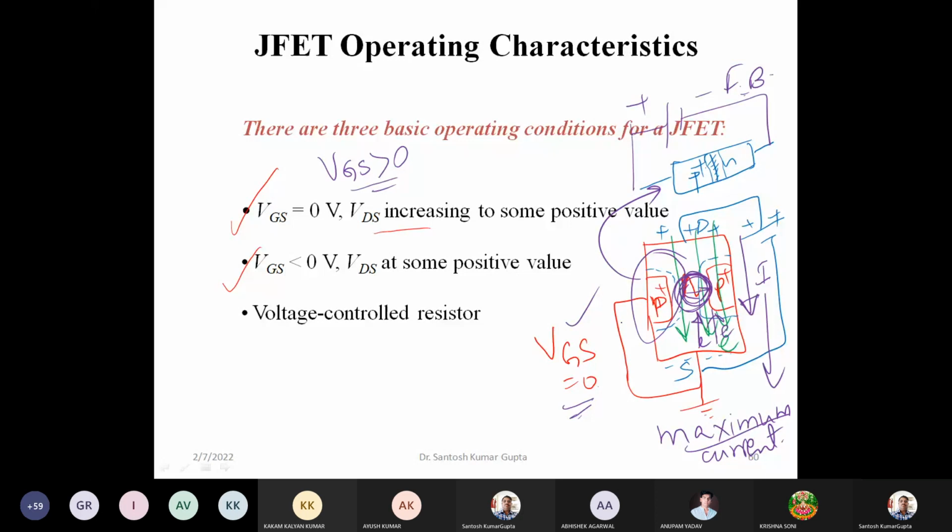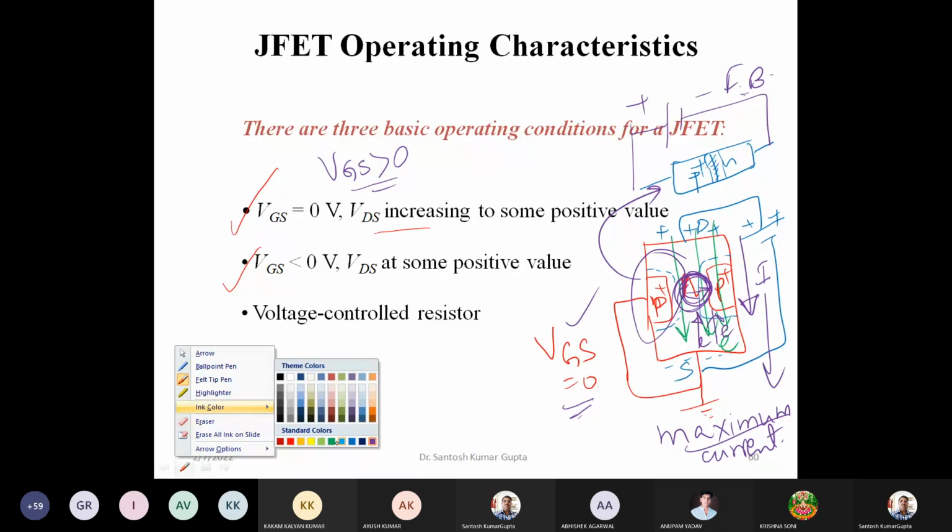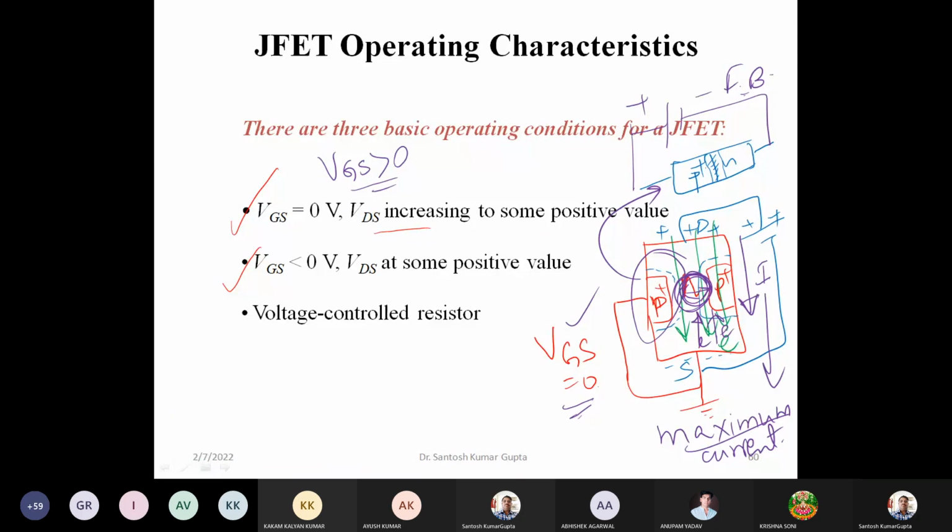So in this condition, we will see a current to flow in this direction. So between this, the current will start flowing. So that is undesirable here.